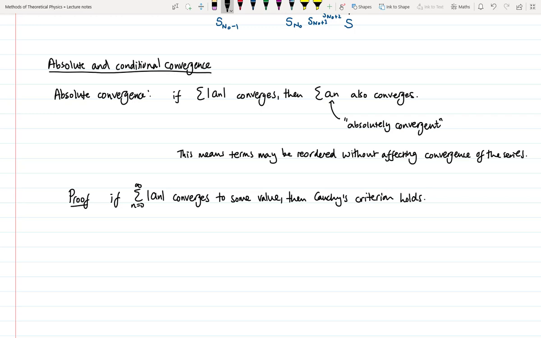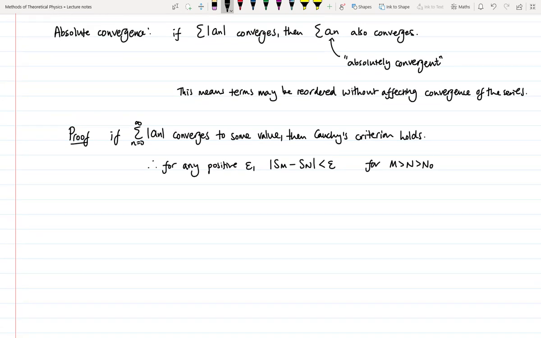Now, Cauchy's criterion holds. That means, therefore, for any positive epsilon, the distance between the mth and the nth partial sums is less than epsilon for m greater than n greater than n0.